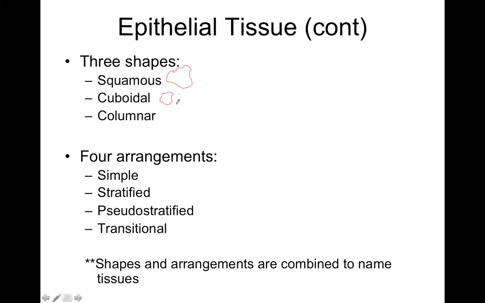We don't have any cells that are a perfect cube, so they don't really look like that. They're more just cube-shaped. So there would be two cuboidal cells. And columnar are generally longer than they are wide. So there's one columnar, maybe there's another one next to it.